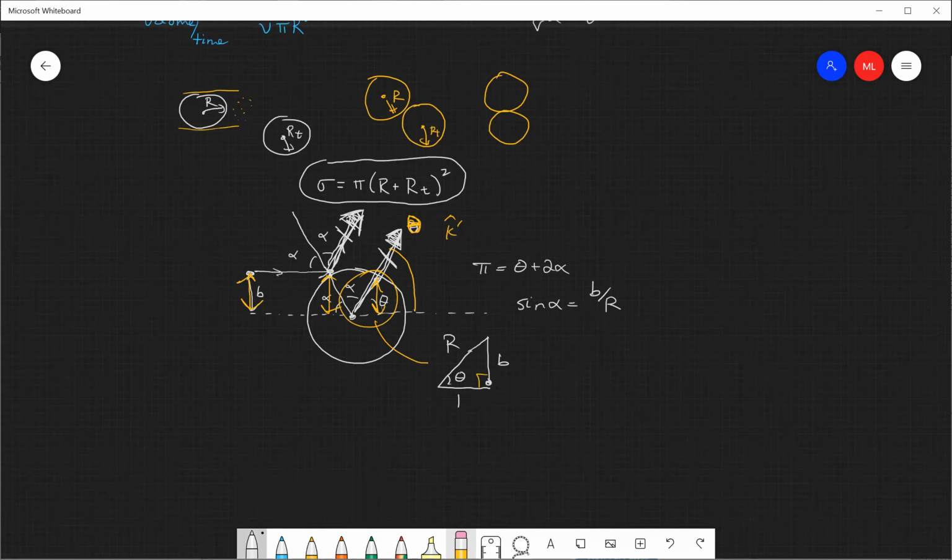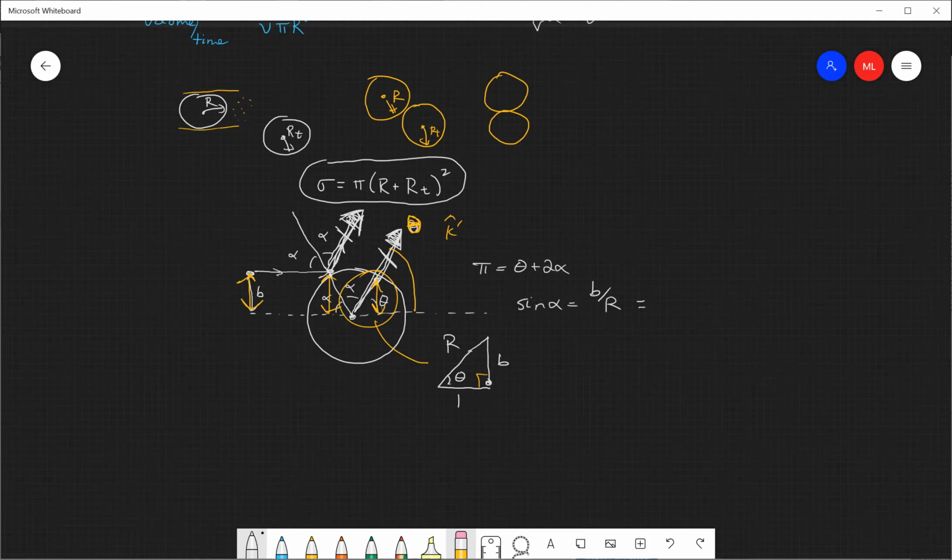And so we can now connect the impact parameter and the scattering angle. The impact parameter in the end will be related to theta through this geometry.